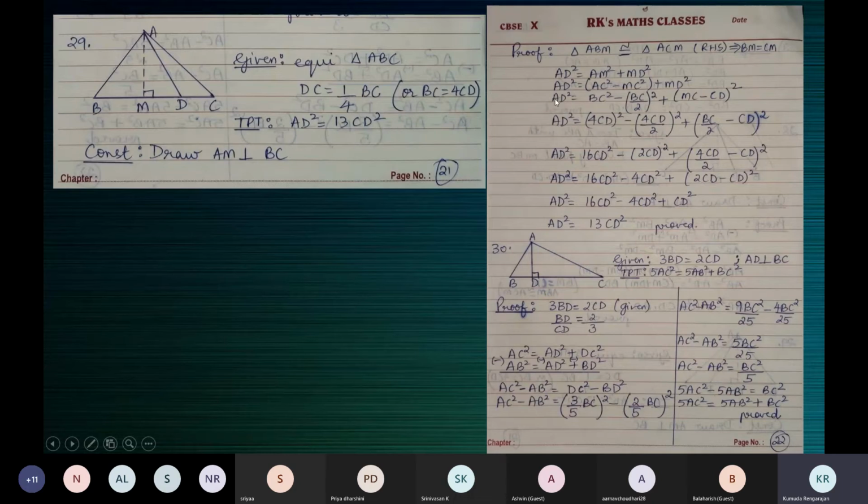AD is here. For CD, MC is fine. So AM square is written as AC square minus MC square from the right triangle AMC, Pythagoras theorem. AD square is equal to AC square minus MC square plus MD square.